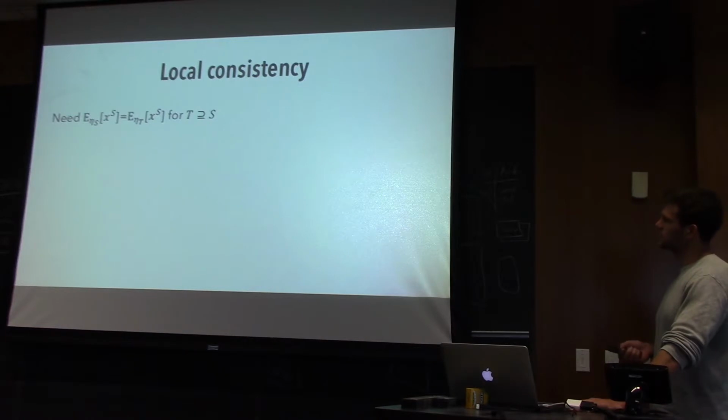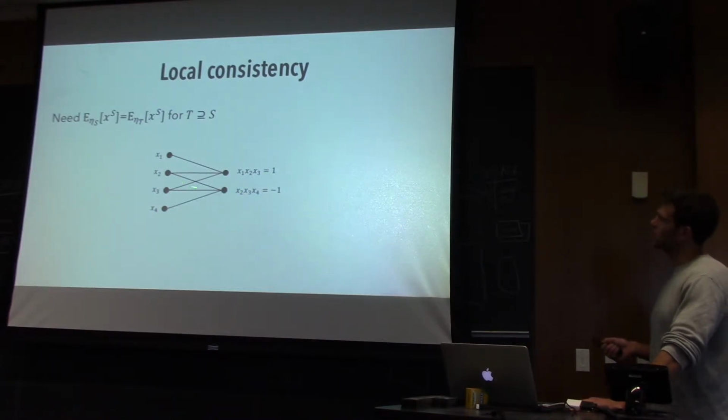But as far as we've gone, we haven't achieved that yet. So here's an example of a little factor graph that breaks this. Here are two constraints, XOR again, plus or minus 1. You can look at the expectations for these planted distributions of x1 times x4. If you just look over this planted distribution for x1, x4, then you see that no constraints are covered.